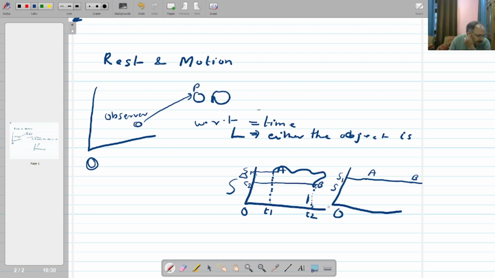So we do not find any change in the position of the particle even though the time has elapsed from this point T1 to the point T2. There is no change in the position of the object over a period of time. So we can say that the object is not changing its position.